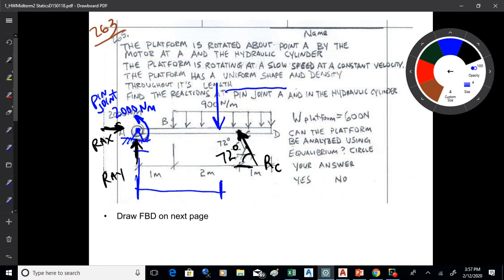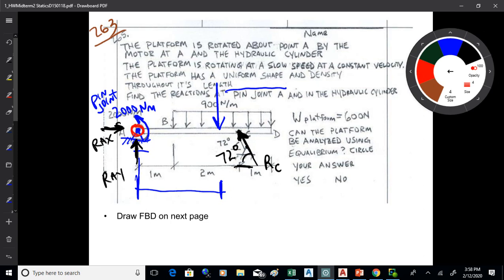Now, the way you solve it is, you've got three unknowns, RAX, RAY, and RC. You're going to try and take the unknowns one at a time. Now, a very good strategy that comes up when you have a pin joint is that a pin joint, by definition, has two unknowns acting at it, RAX and RAY.